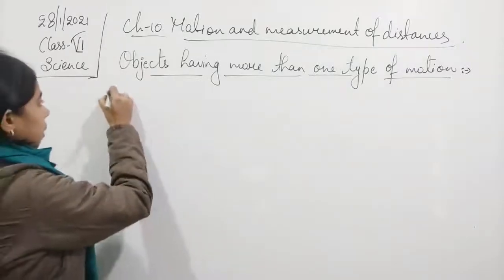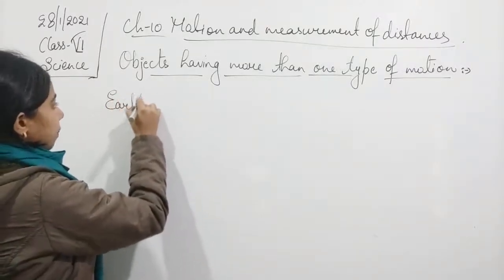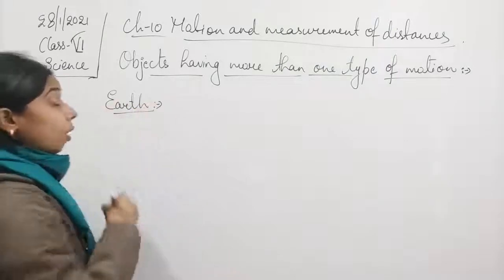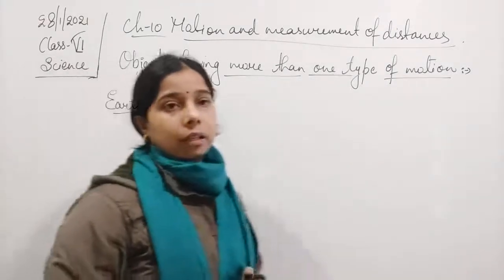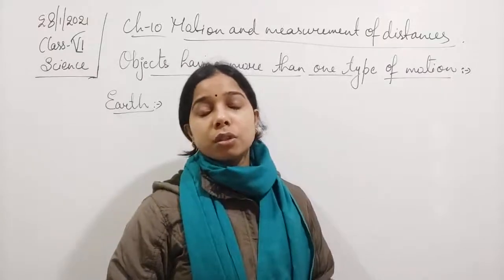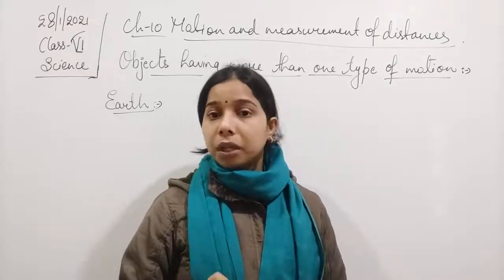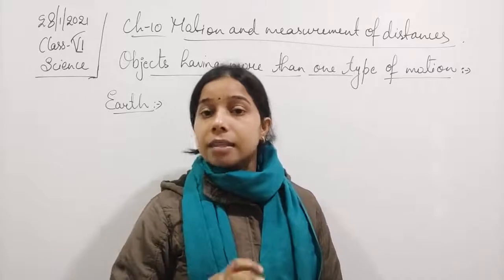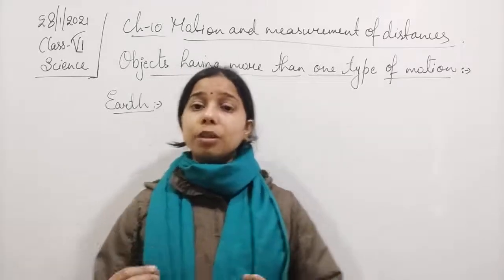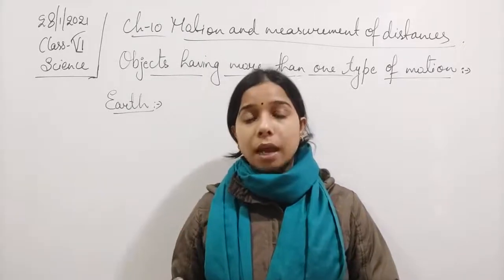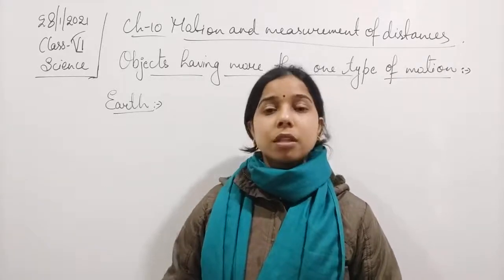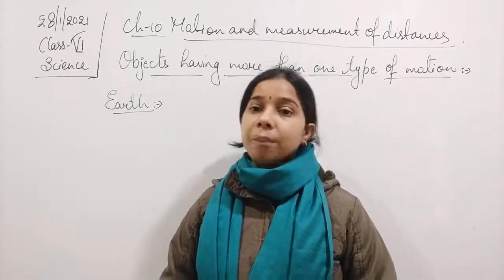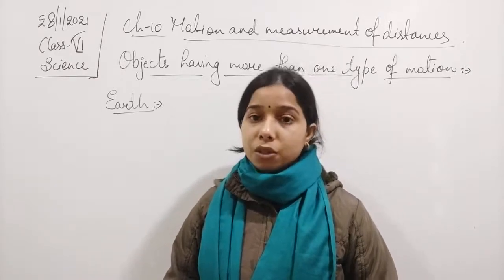The first example is the Earth. Now see what different kinds of motion are shown by the Earth. The first thing is that the Earth rotates on its own axis, and since it is rotating on its own axis, that is rotational motion.